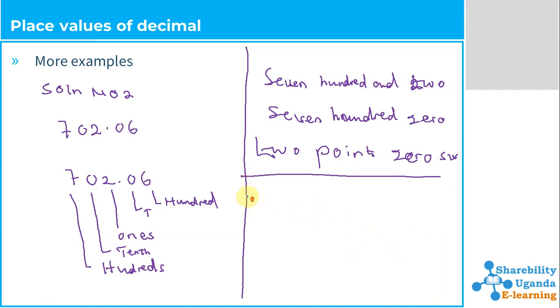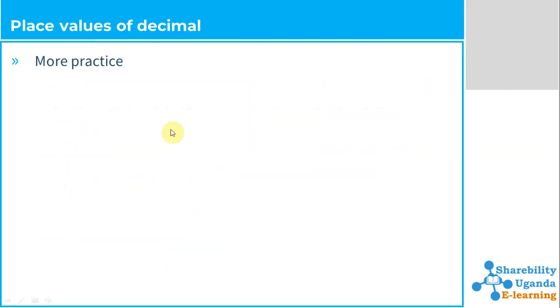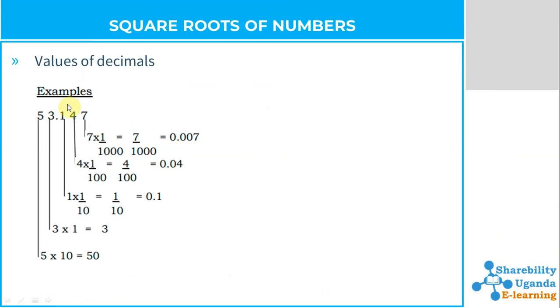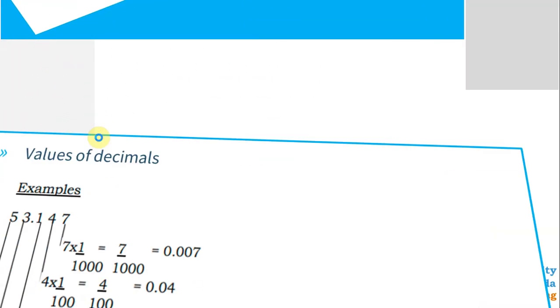Okay, so when you go back to the next number and see, we have this one is quite good. Then we can take out this. This is 264, then 426. Okay, so let's try out another number. Let's try out our number here.